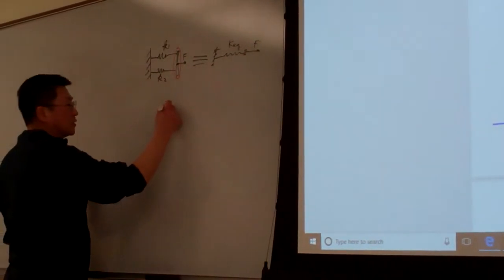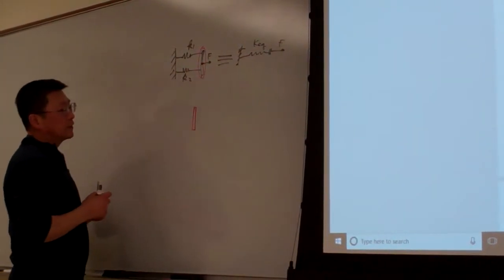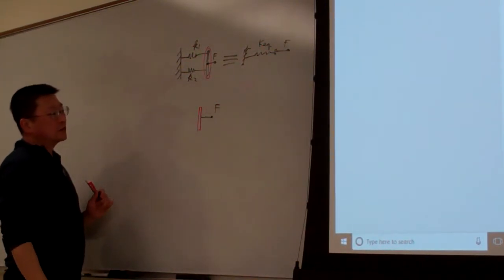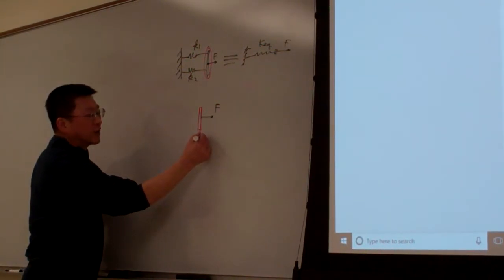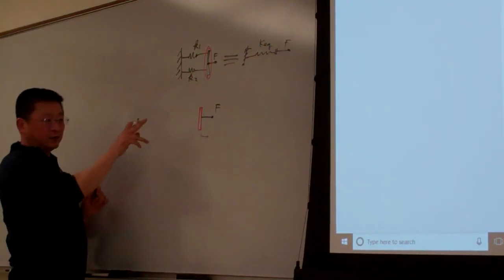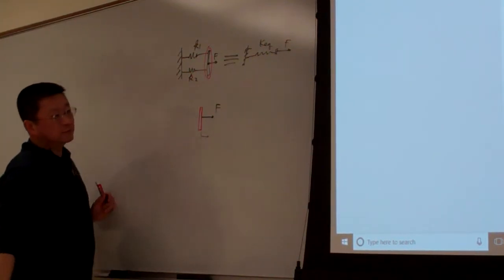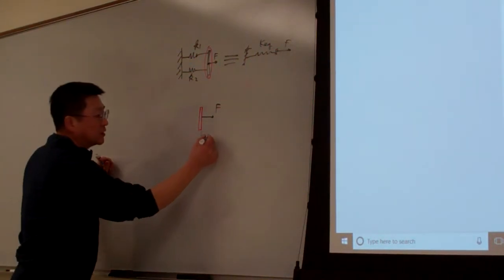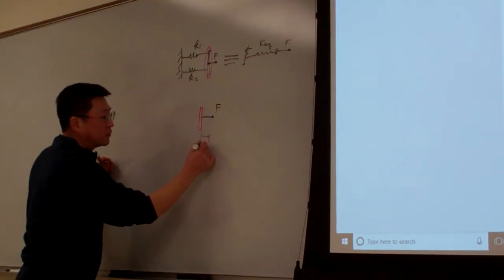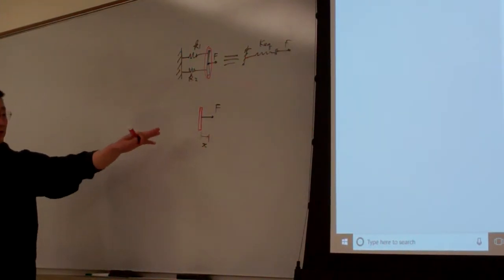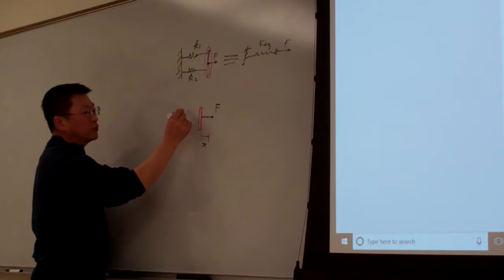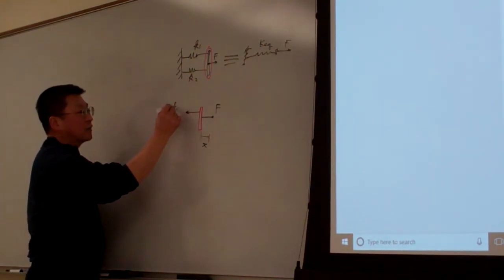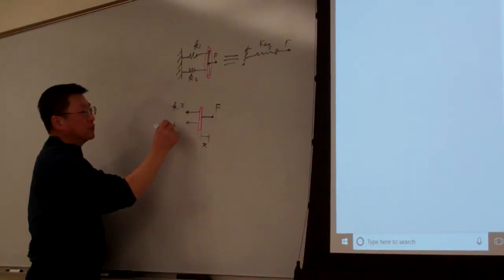So let me draw the free body diagram here. This is the given force. Assuming this rigid plate is displaced due to this force by a certain distance, using this notation, say it is displaced to here by x. Due to this displacement, the springs will produce counterbalance forces trying to recover, so this is K1x, and this is K2x.